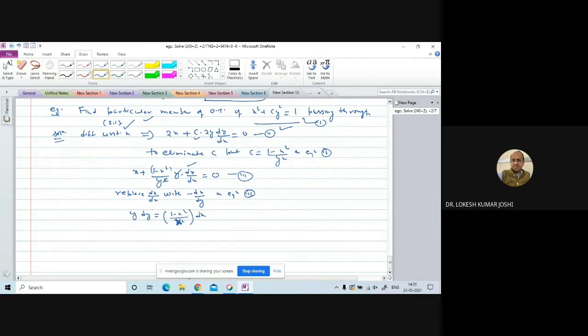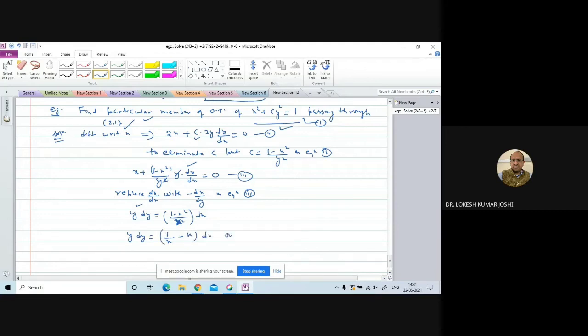This is x, not y square. And we can see once again it is of variable separable type. Therefore, we can integrate it. After integration, y dy equals, this is 1 upon x minus x, dx.